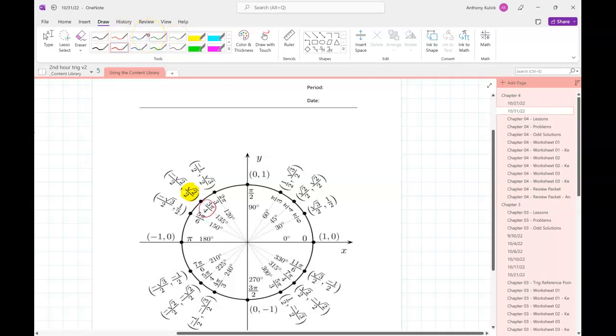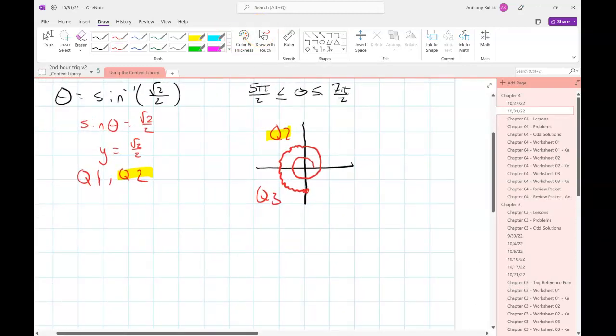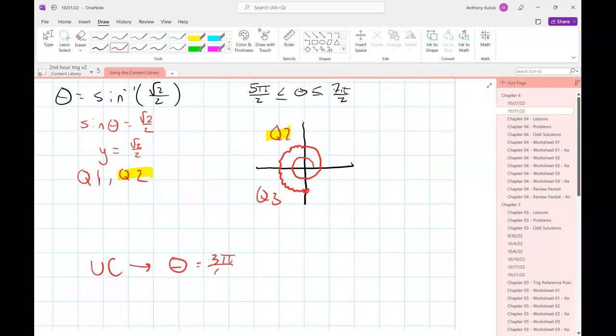So our answer, at least initially, is 3 pi over 4, which is 0.75 pi.